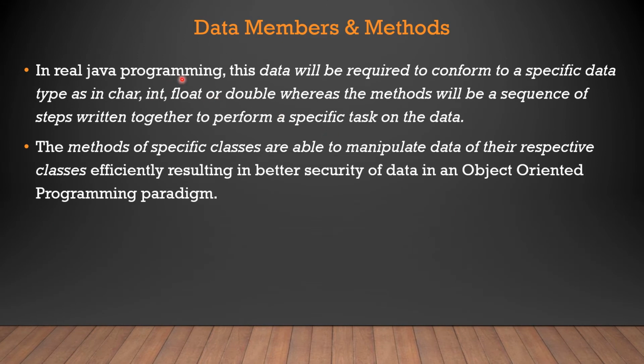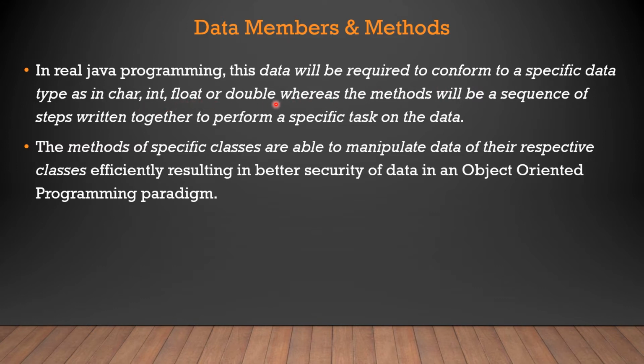In real Java programming, till now we were talking about a hypothetical example of a human class. Now we are talking about real Java programming. Now let us understand what classes, objects, data members and methods are in terms of real Java programming. Basically we were talking about data. Data will be required to conform to a specific data type, as in char, int, float, or double.